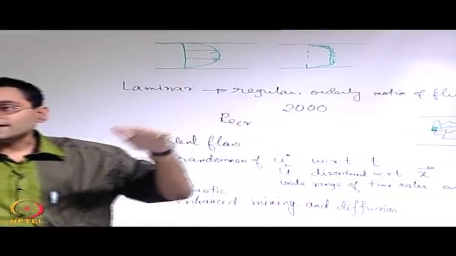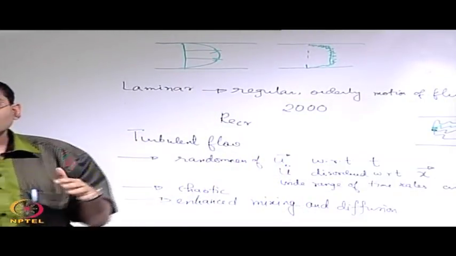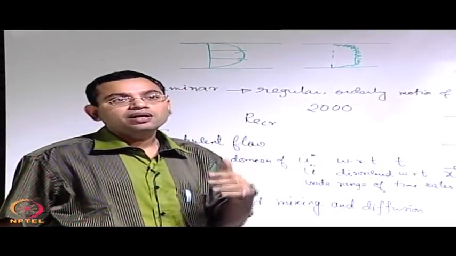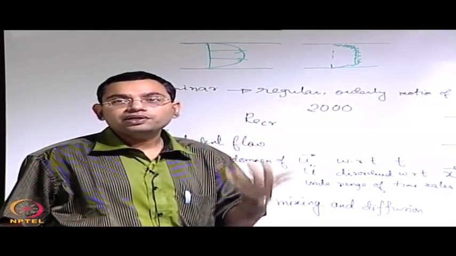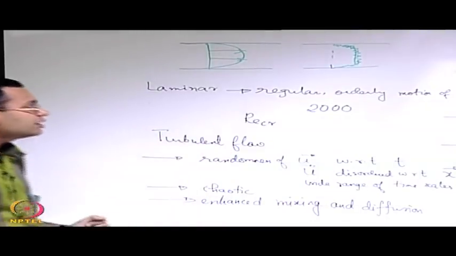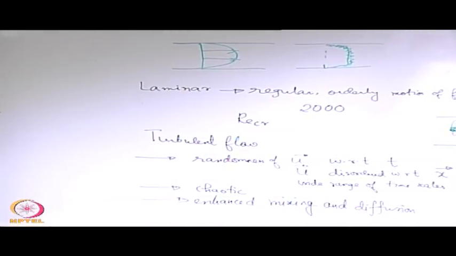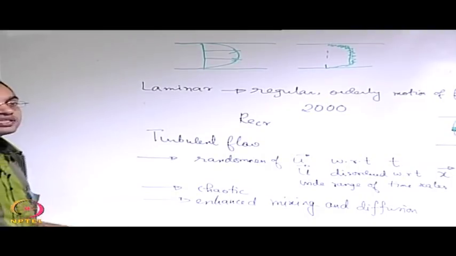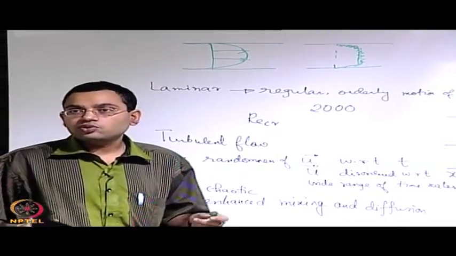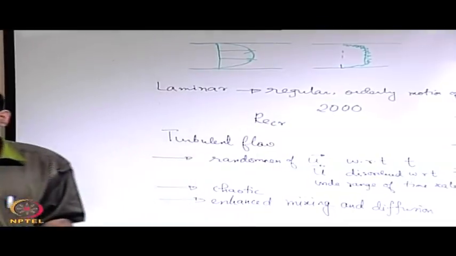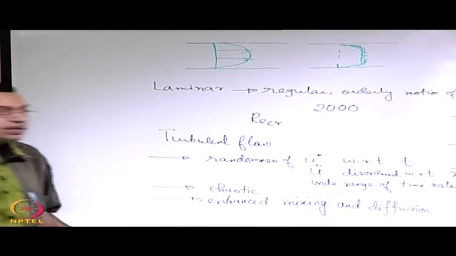But if you make a statistical averaging of that, then the statistically averaged property might have much better predictability, and that is what is very important, and that gives one a motivation for looking into the statistical properties of turbulence, and most of the mathematical description of turbulence is based on the statistical characteristics of turbulence.